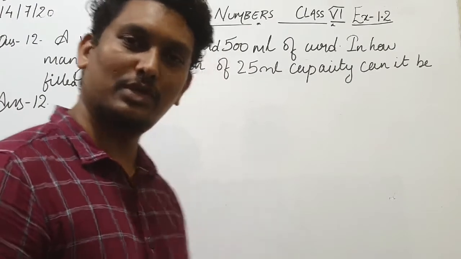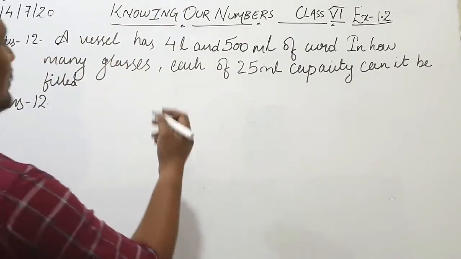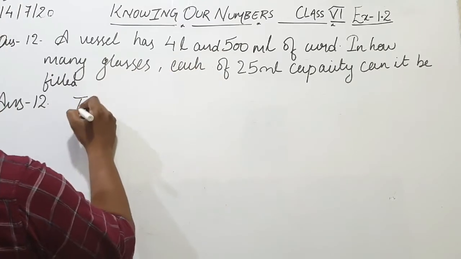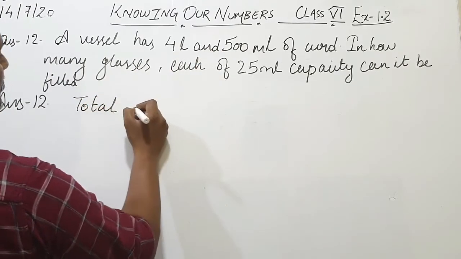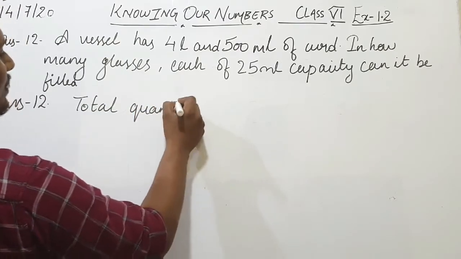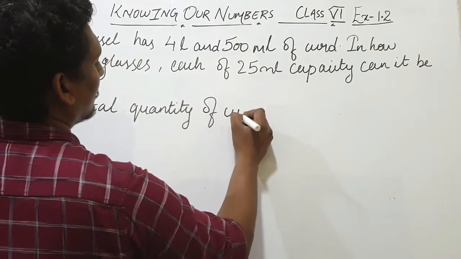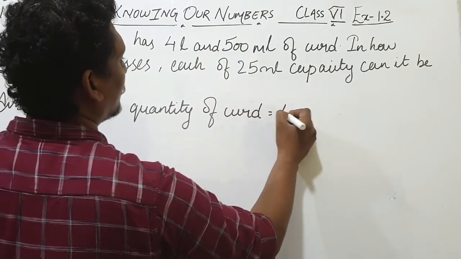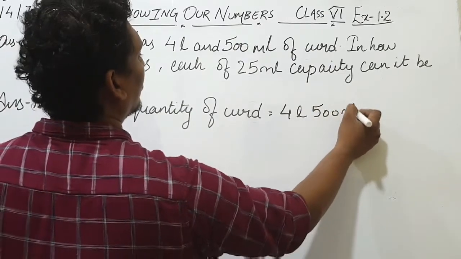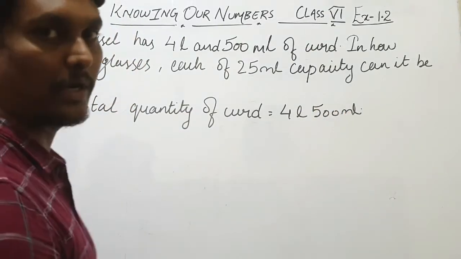Now let's come to the solution of this question. Now the total quantity of curd, how much? 4 liter 500 milliliter. Again here we have to convert it.